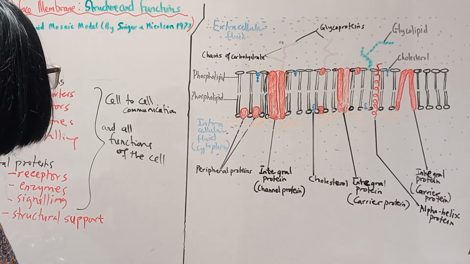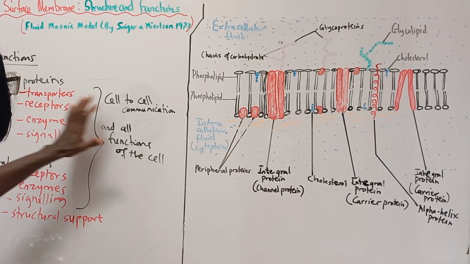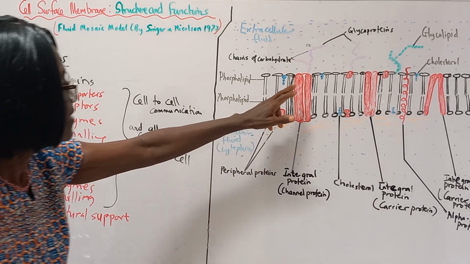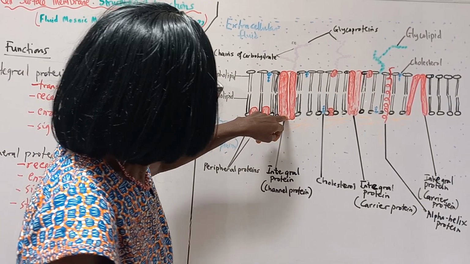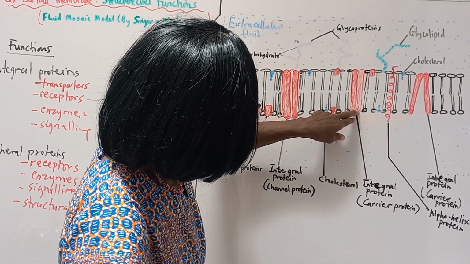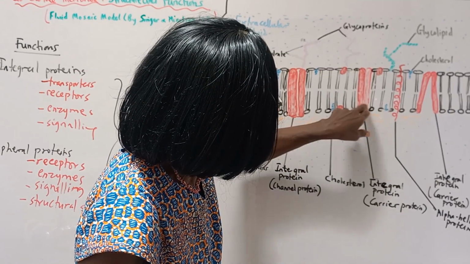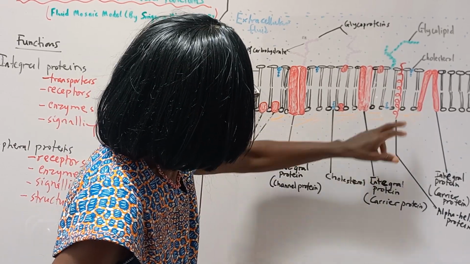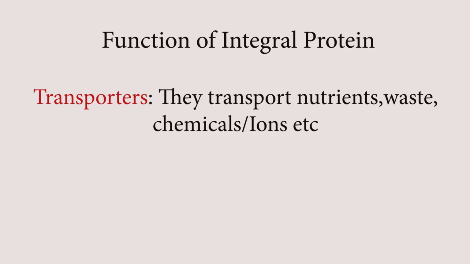Let's quickly look at the functions of the integral proteins and the peripheral proteins. Integral proteins here, channel protein, you have carrier proteins, these two are carrier proteins, see how they go. This is alpha helix protein. The integral proteins, their function is they are transporters.